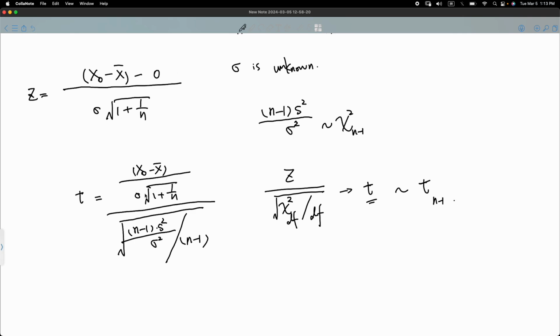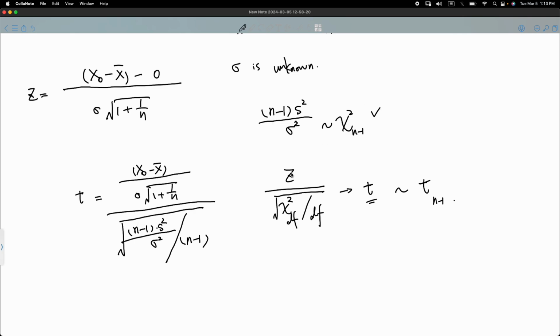Okay. So just to summarize why we need to do this: we want to construct the confidence interval, and we know that this is going to be a normal. But because sigma is unknown, we need to introduce additional information to construct the interval. The information that we introduce is this chi-square distribution.